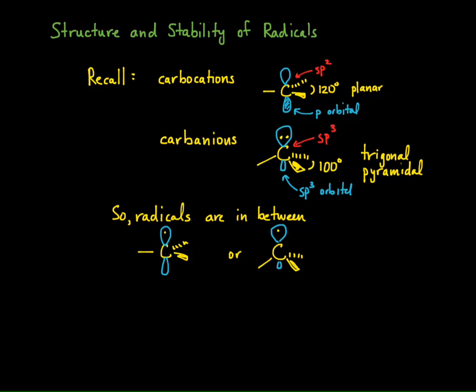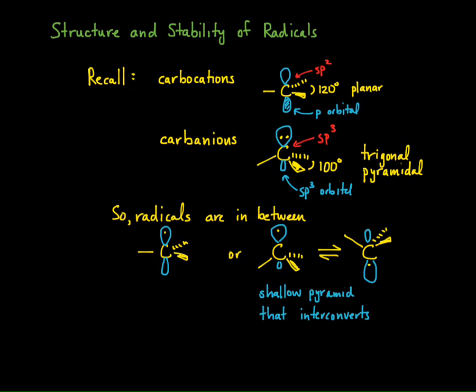Now, it's very hard to really see the shape of radicals. It appears that it's somewhere in between, where it's either trigonal planar or it happens to be doing what we call an inversion between the one particular geometry of an sp3 and the other geometry of an sp3 hybridized carbon.